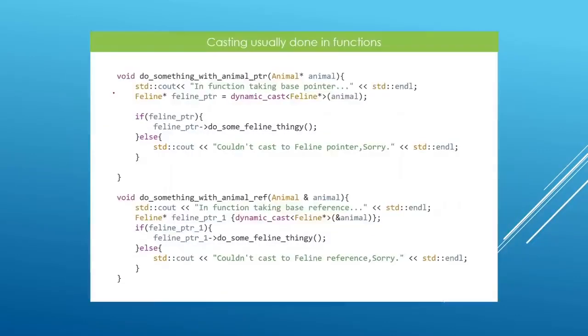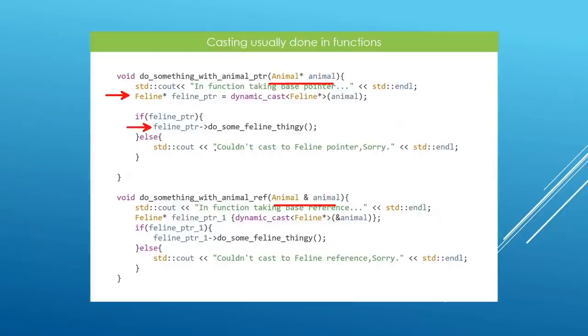Another thing I should point out is that in practice, casting like this is usually done in functions where you are passing a base pointer or a base reference as a parameter. And in this function, you somehow need to call a non-polymorphic function. So you might take the pointer and turn that into a derived pointer. If the transformation is successful, you're going to call your method.